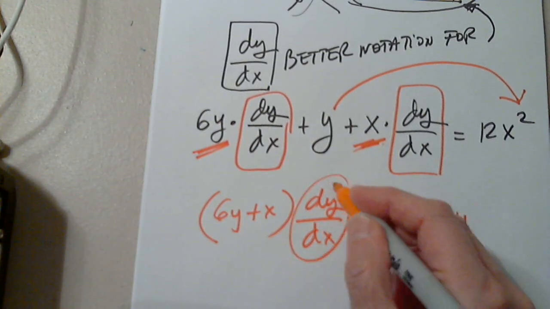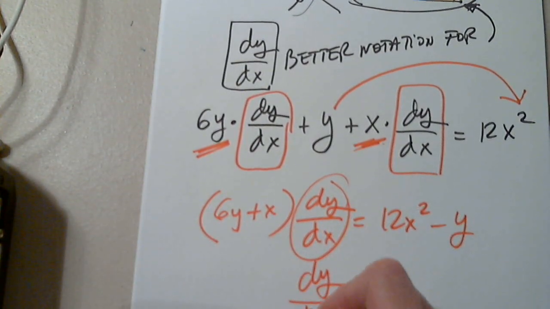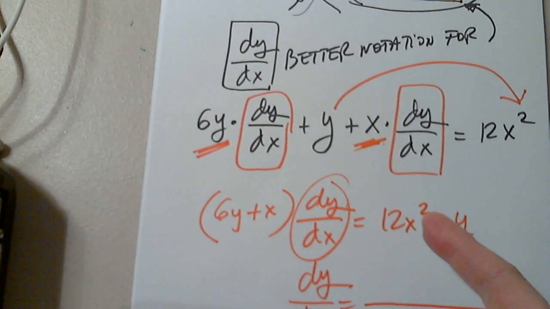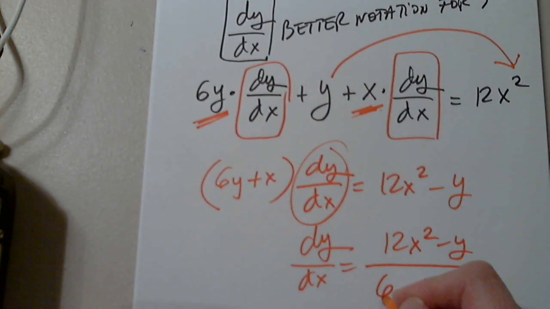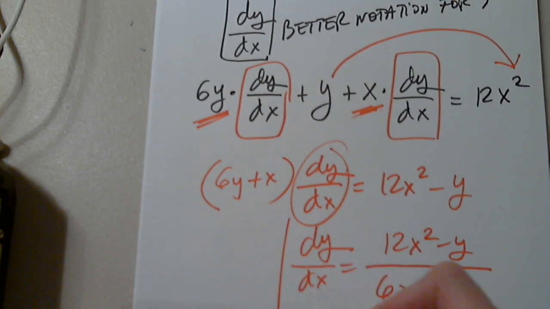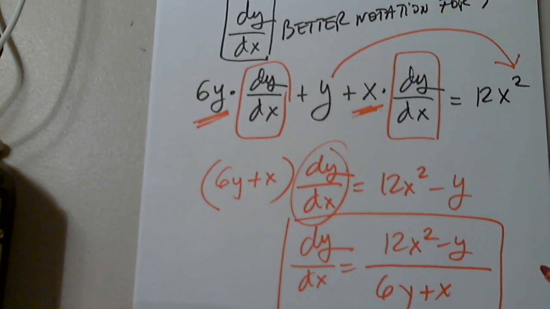That's it. I'm done. I found an expression for dy over dx, this over this. You can say, yeah, but you still have y in it. Sure, but I found an expression for the derivative of y.